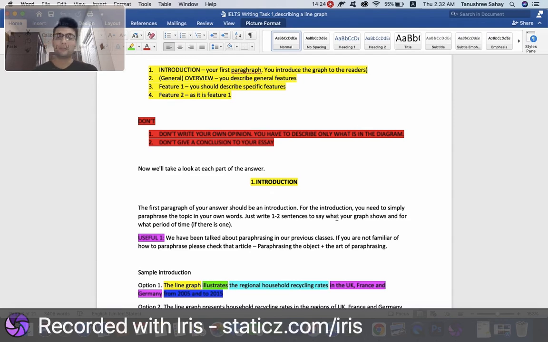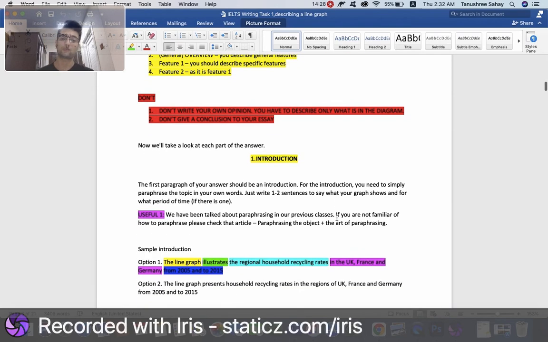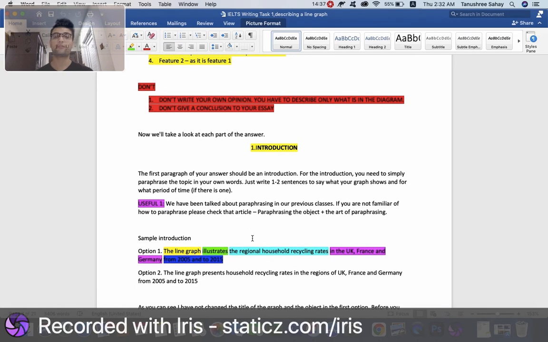Okay, now we'll take a look at each part of the answer. So let's write the introduction, and after the introduction, the overall, and then the features of your graph. The first paragraph of your answer should be an introduction, as always. For the introduction, you need to simply paraphrase the topic in your own words, just like in the previous task 1 questions.